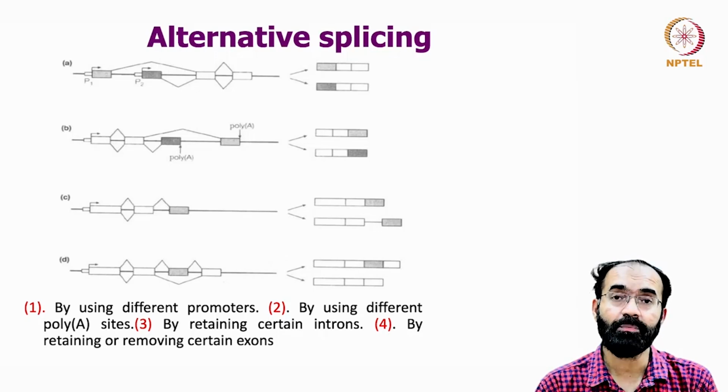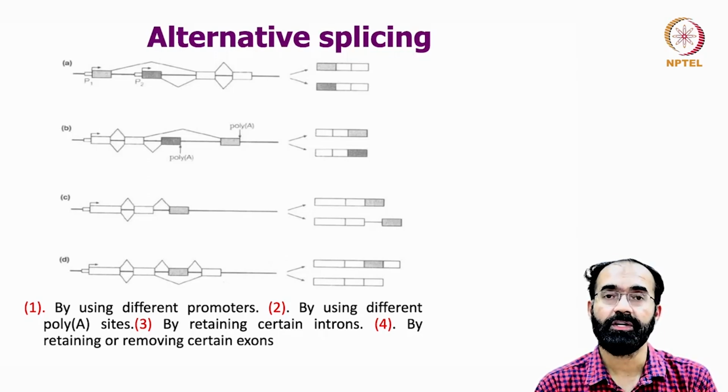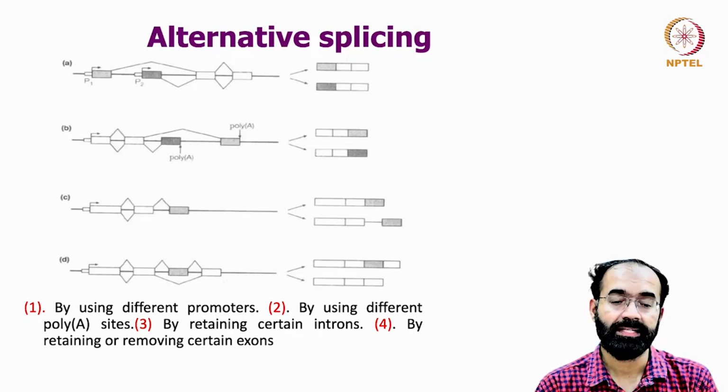Whereas if the second promoter is utilized in another tissue, which was part of the intron of the first gene, downstream of this first exon, you have promoter 2, and a part of the intron is now acting as the exon, and exon 2 and exon 3 are the same as the first one.